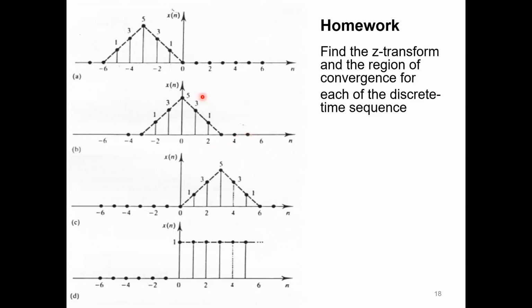You can see it graphically here: 1, 2, 3, 4, four functions. So find the Z transform and the region of convergence for each of these discrete time sequences. Please do this as homework, and there's no requirement to submit it. This is for your practice, okay?